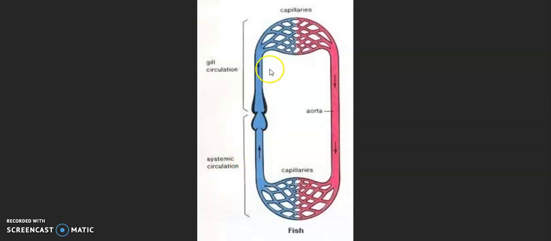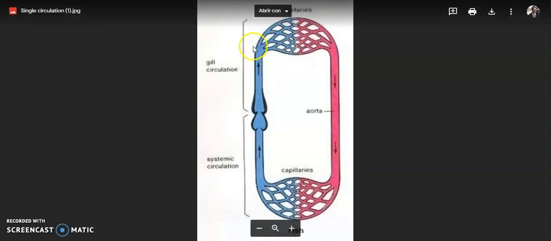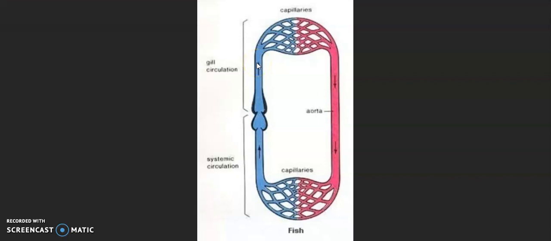It doesn't have oxygen, so it has to go to the gills. Remember those structures on the side of the head of the fish, which are in charge of breathing under the water. We will see that later when we see the breathing system and compare it with the breathing system of a fish.